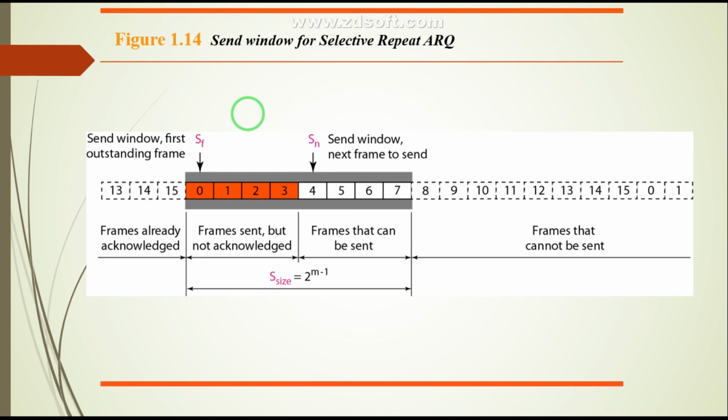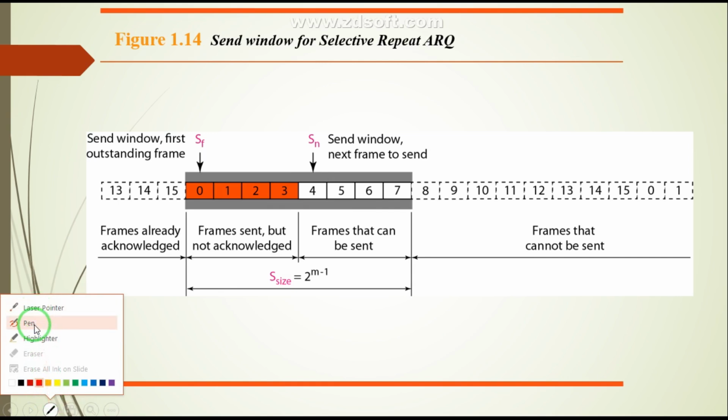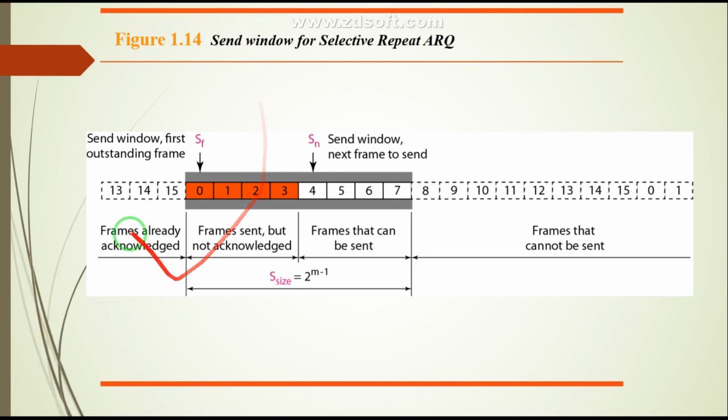So for a noisy link, there is another mechanism that doesn't resend N frames, or all the previous multiple frames, when just one frame is damaged. Only the damaged frame is sent. So guys, why is this mechanism called Selective Repeat ARQ?